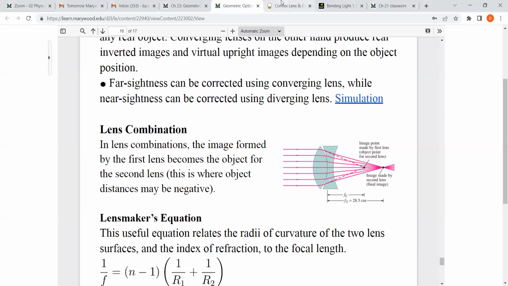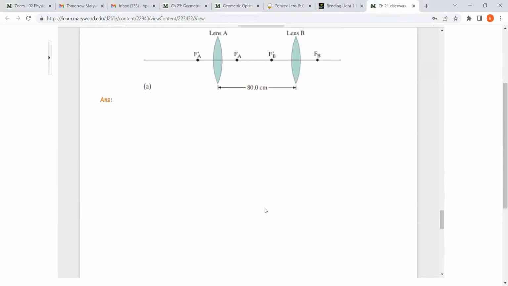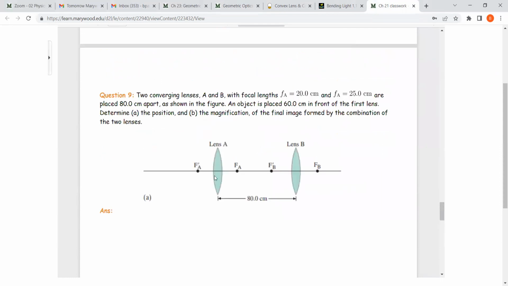For example, we are going to do at least one simple problem. If we have more than one lens in action in a problem, we analyze the first lens and then the second lens.